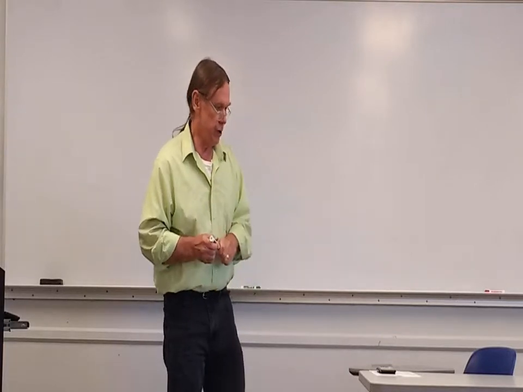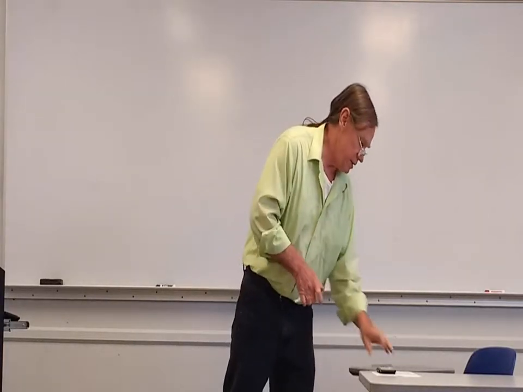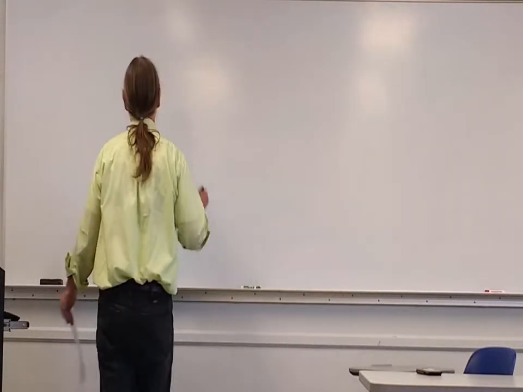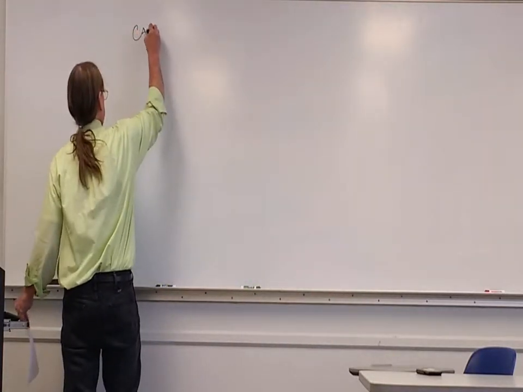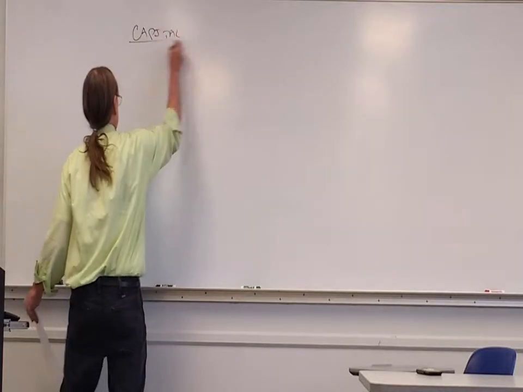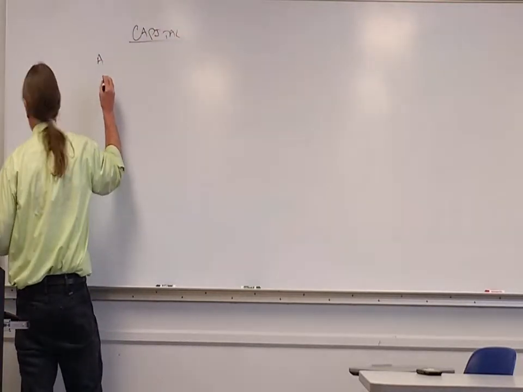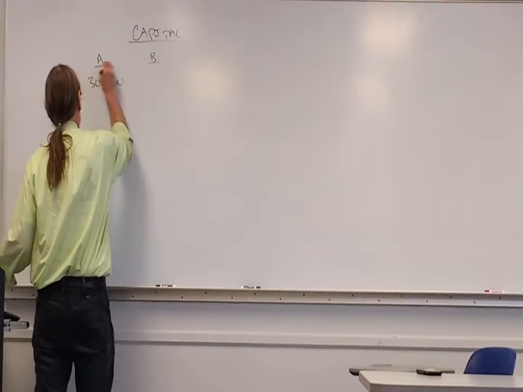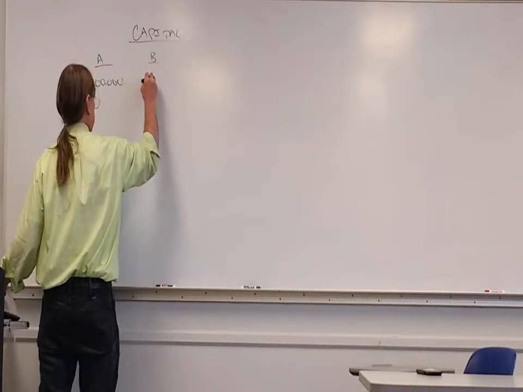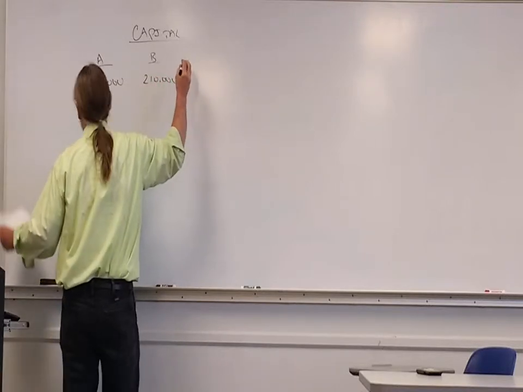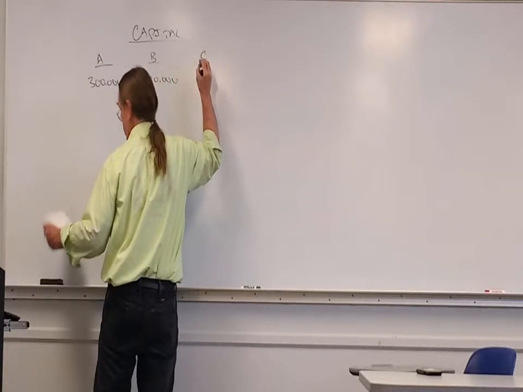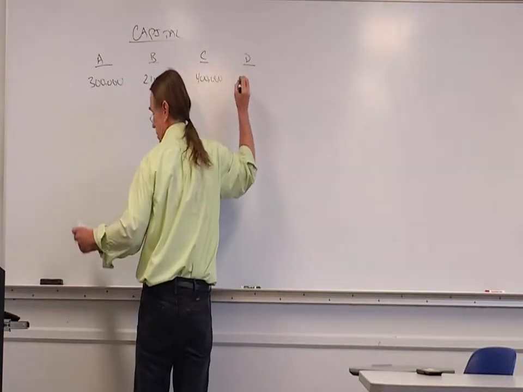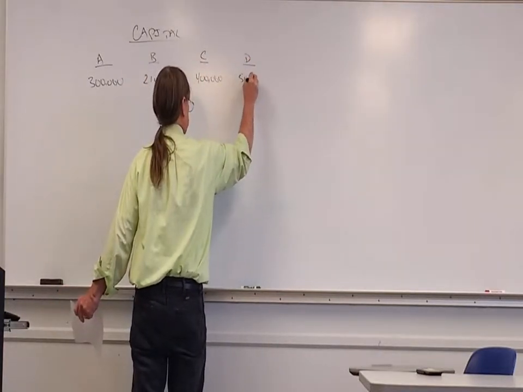Now, just to refresh our memories, in that example we had the other day, we had the ABCD partnership, and the partners had capital balances. A had a balance of $300,000. B had a capital balance of $210,000. C had a capital balance of $400,000. And D had a capital balance of $500,000.